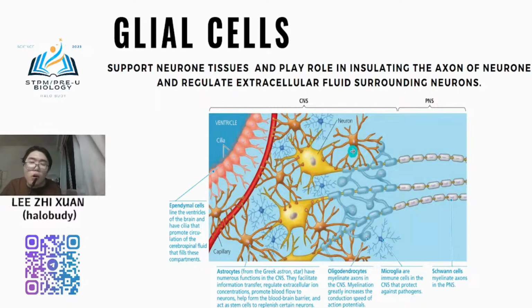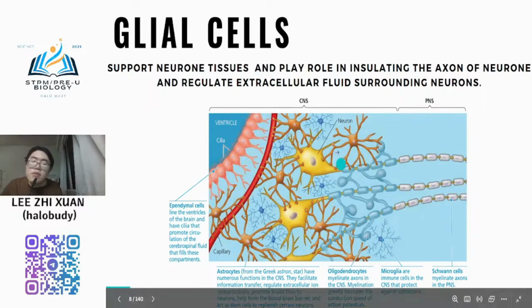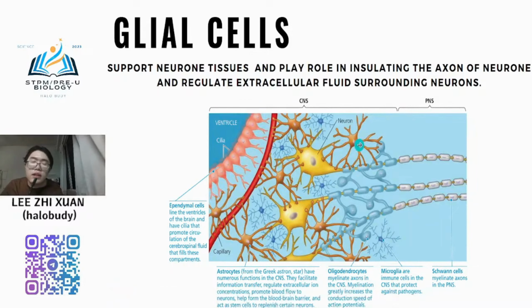This tissue cannot move around on its own. In our body system, whatever kind of body system, you need to have support. So in the nervous system, the support of the neuron tissue is the glial cells.